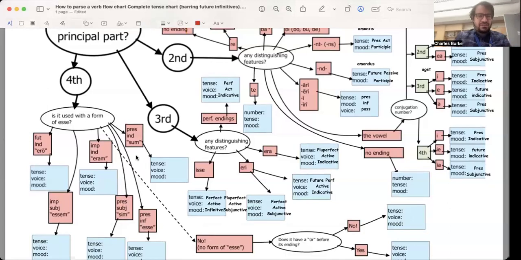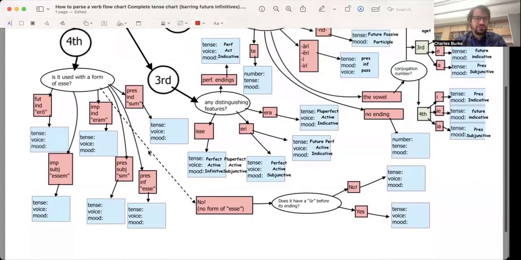The fourth principal part. There was a whole section in your packet about how to do this kind of math.